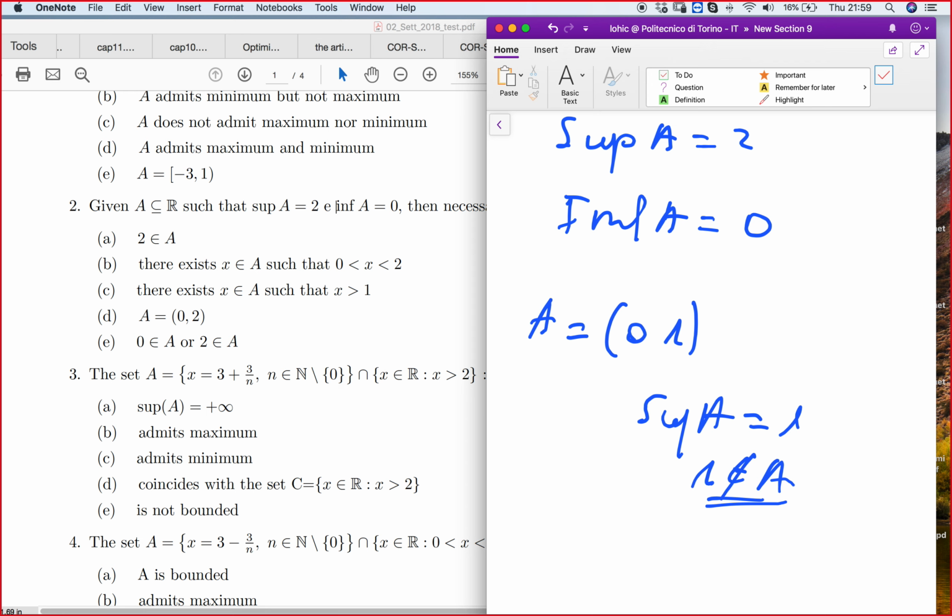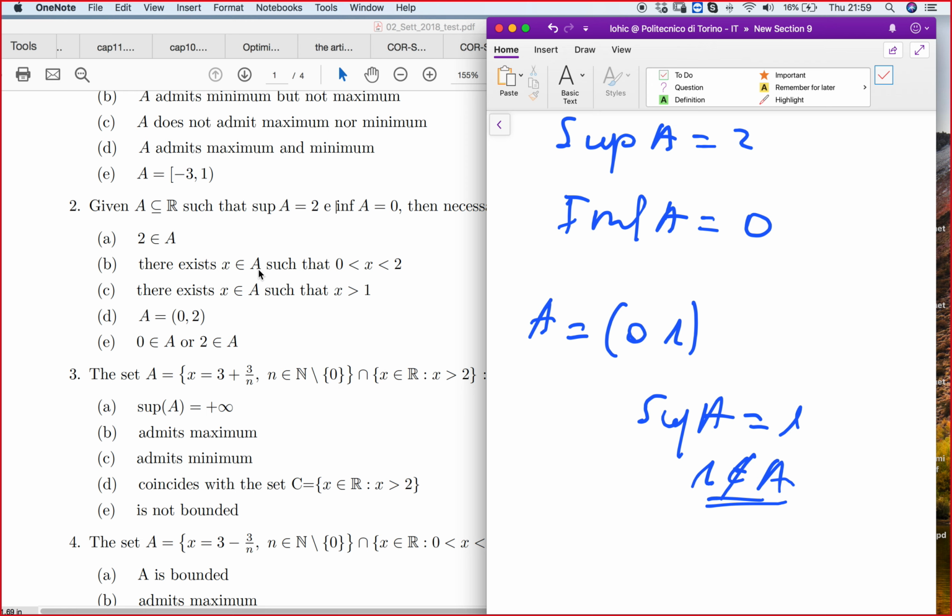So this clarifies your doubts. Basically the supremum, unlike the maximum, is not supposed to belong to the set. Okay, so A is false.